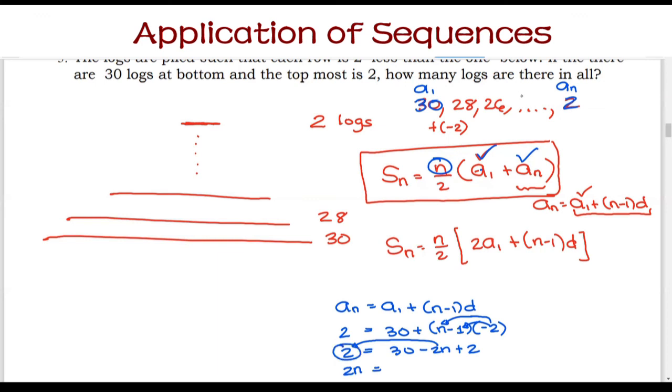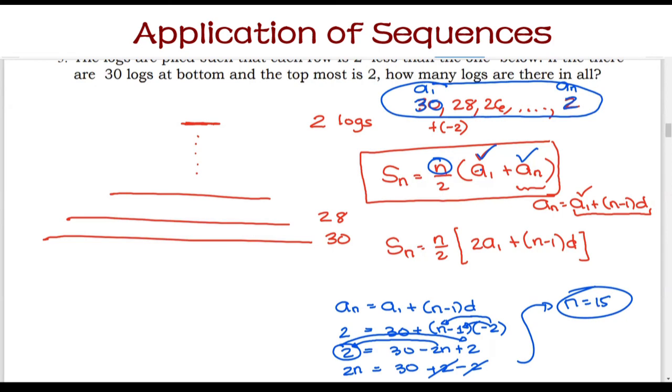Itong 2 naman na 'to, transpose niyo sa kabila, magkakaroon kayo ng negative 2. So, parang ganito. 30 plus 2 minus 2. So, magka-cancel out lang naman 'to. Okay? So, you have 2n equals 30. Okay? You will get what? Divide both sides by 2, you will get n equals 15. Okay? Actually, madali lang naman ding makuha yung 15 galing dito.